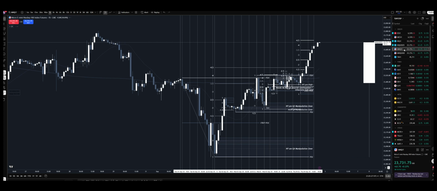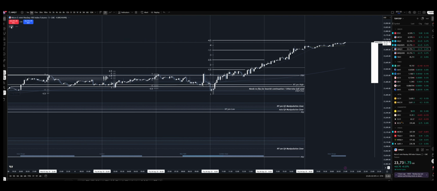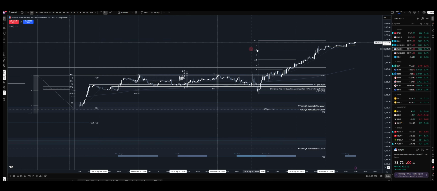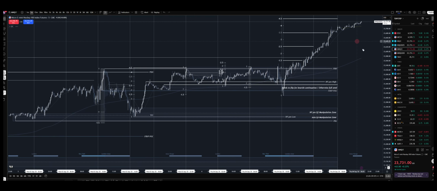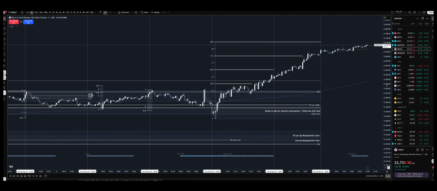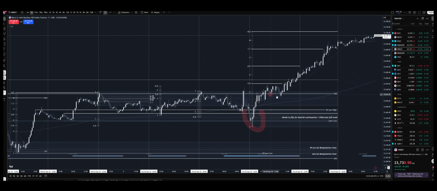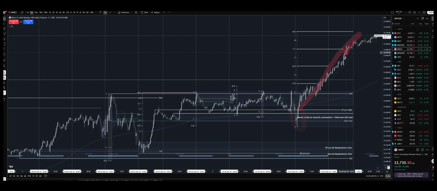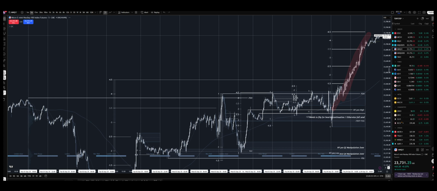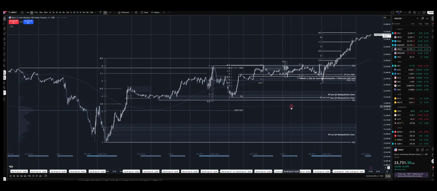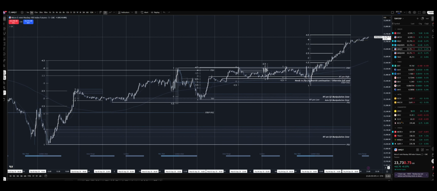All right, let's jump into our daily review. We'll go into our 5-minute chart. Just turn off PO3. We've had a very nice manipulation here in New York, and that's really the main move of the week, that expansion leg. So we've got our 5-minute manipulation down here from Tuesday.